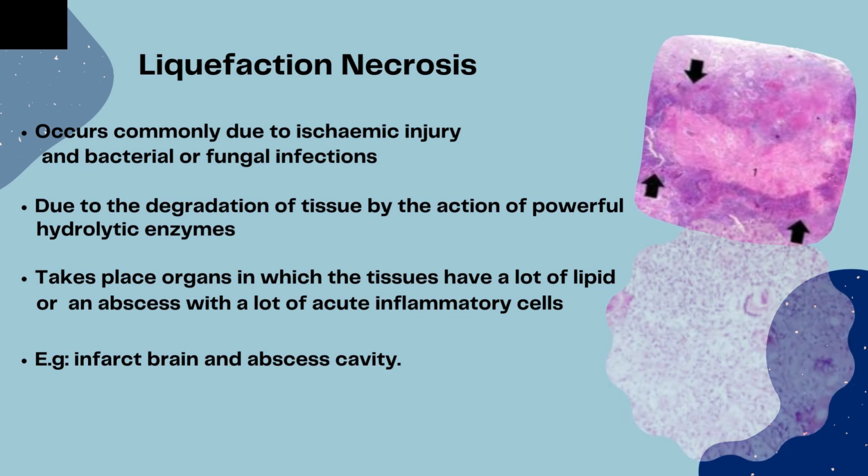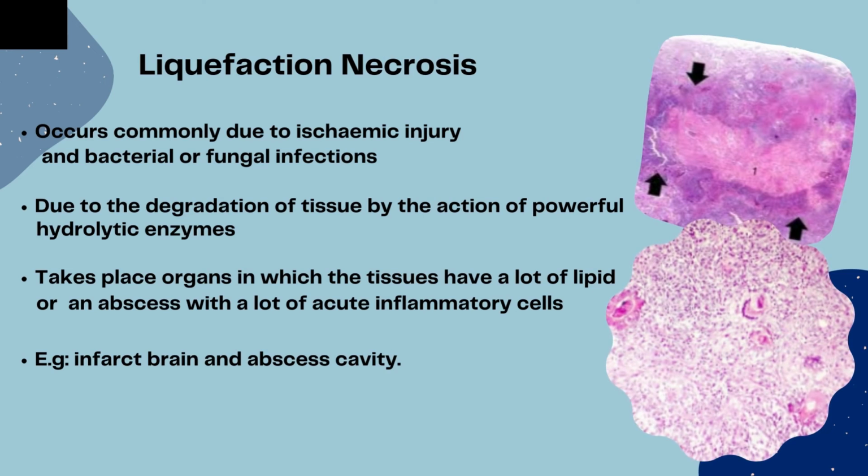Moving on to the second type of necrosis, which is liquefaction necrosis, or we can call it colliquative necrosis. It is known to have the softening of the necrotic tissue, where it will transform into a paste-like mush or watery debris. It also occurs commonly due to ischemic injury or bacterial or even fungal infection.